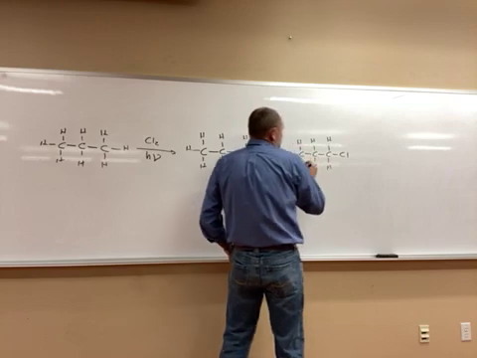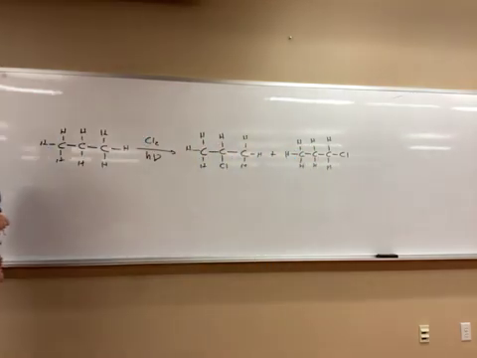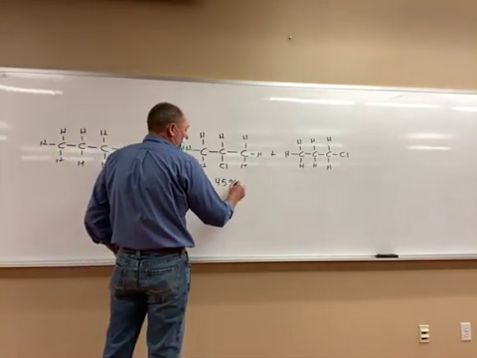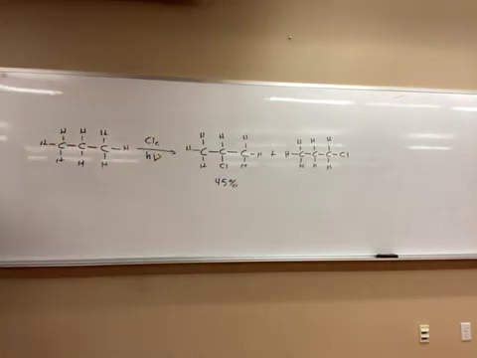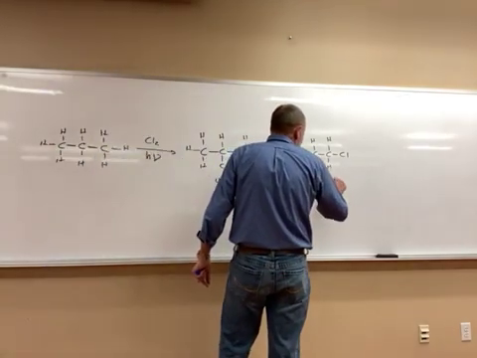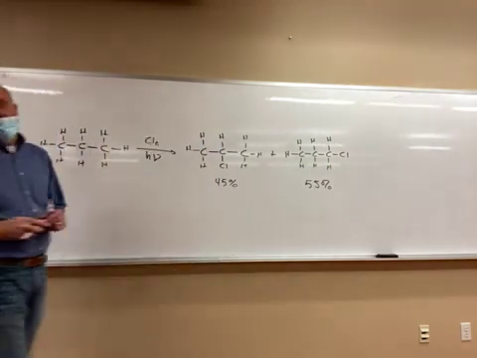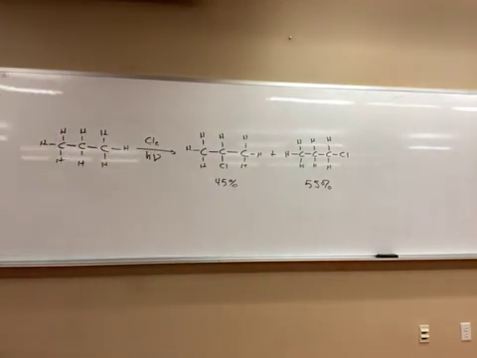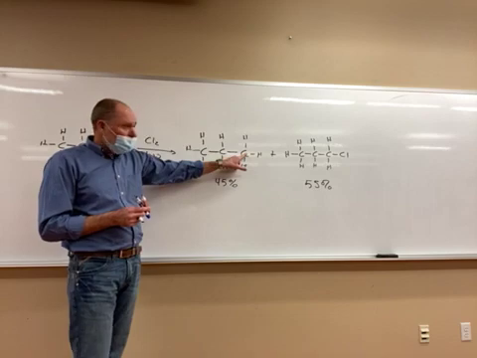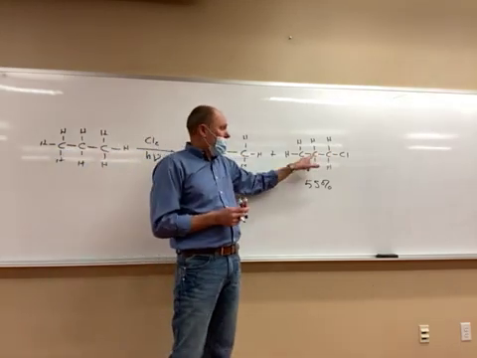Now, the interesting thing about this is I get 45% 2-chloropropane, and I get out 55% of the 1-chloropropane. So you might be thinking to yourself, oh, I get more of the chlorine going on the primary carbon than the secondary carbon.